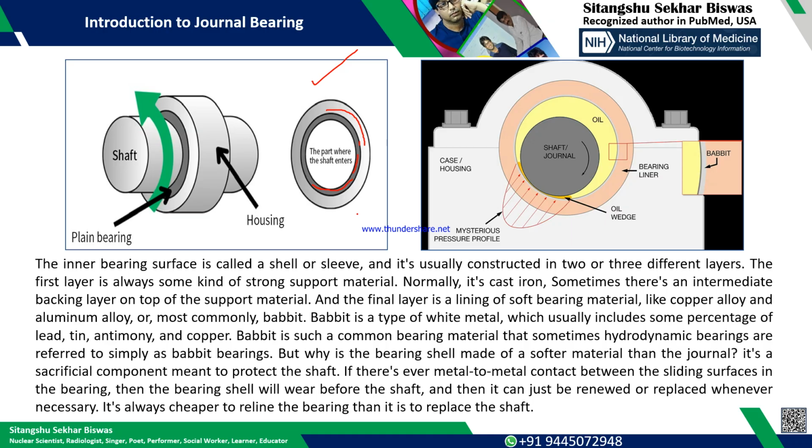It's a type of white metal, basically an alloy composed of lead, tin, antimony, copper, etc. And this bearing material is so common that this kind of fluid bearing is sometimes called a babbitt bearing.